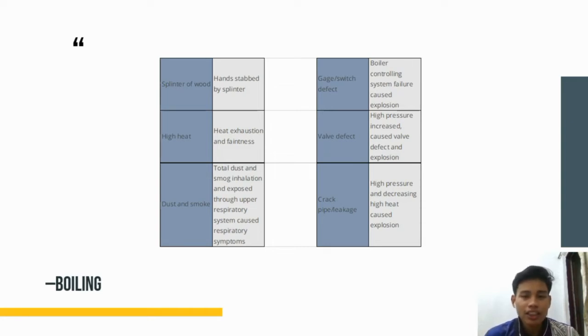The hazard is the gas switch defect, where the boiler controlling system failure will cause an explosion. And the next hazard is the valve defect, where increasing high pressure causes valve defect and explosion. And the last one is a cracked pipe or leakage, where high pressure and high heat cause an explosion.